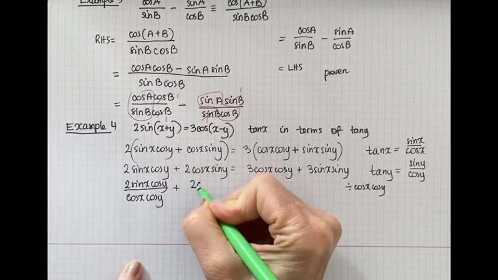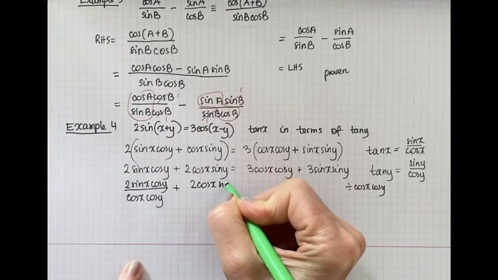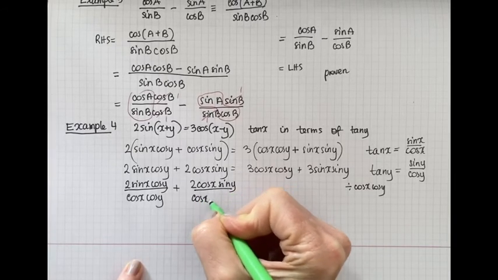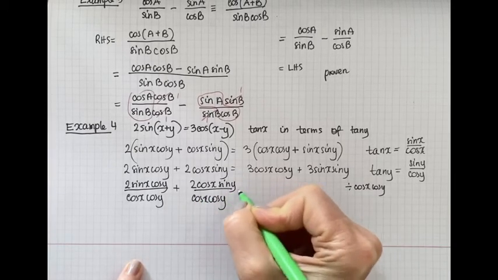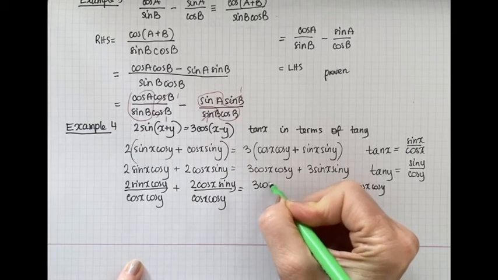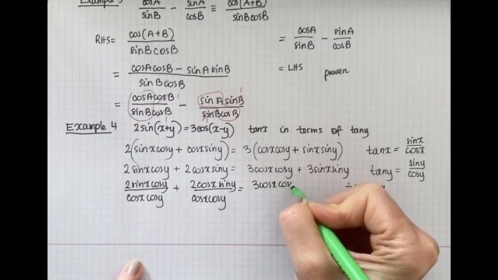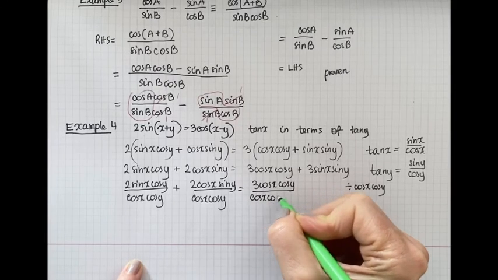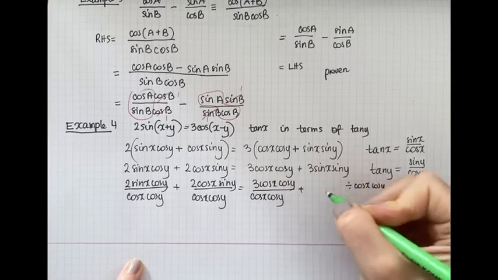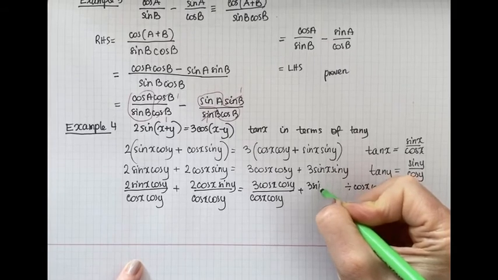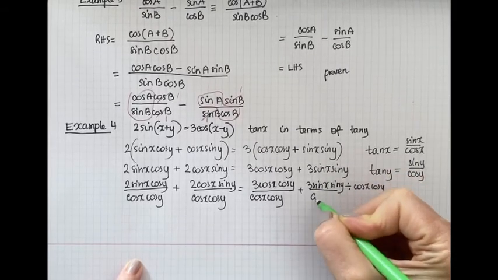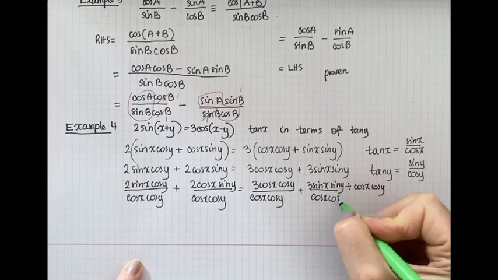Add 2 cos x sine y needs to be divided by cos x cos y. Here we've got 3 cos x cos y needs to be divided by cos x cos y, plus, I'll squeeze that, sine x sine y divided by cos x cos y.